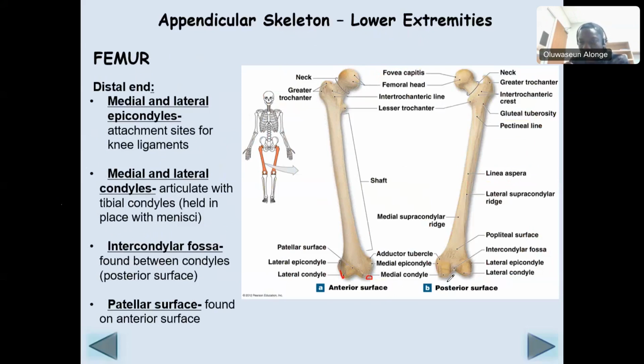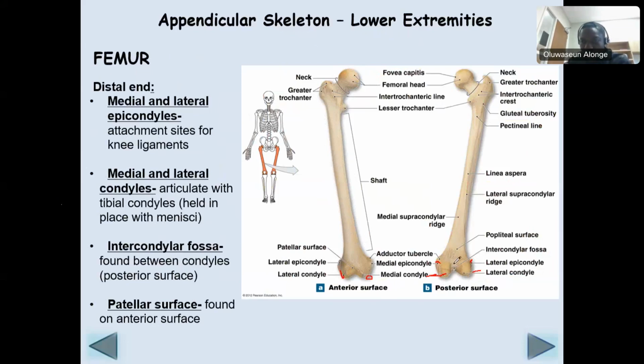So if you're looking at the posterior here, you see these are the condyles, and then the epicondyle will be above the condyles like that. So we have the lateral condyle right here. Then you have the epicondyle right above. Like I told you, epi means above or outer. All right. So that's here.